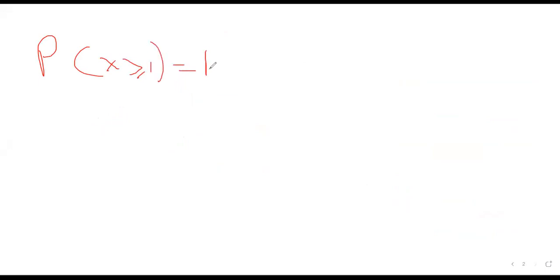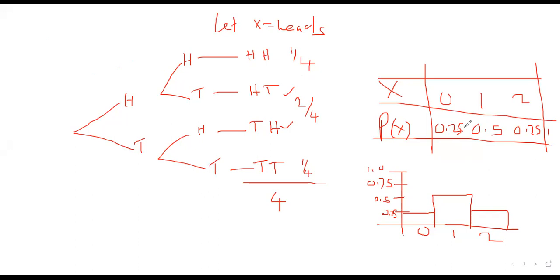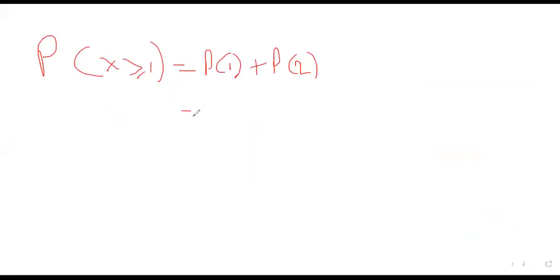So this is probability of 1, that's probability of 2. So what was the probability of 1? 0.5. What was the probability of 2? 0.25. So you add them up. 0.5 plus 0.25. So this is 0.75.